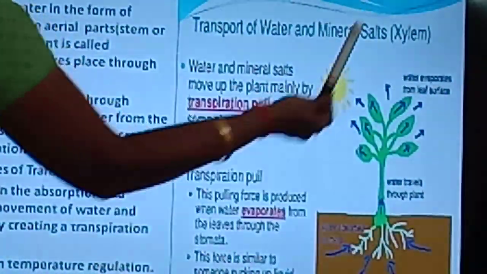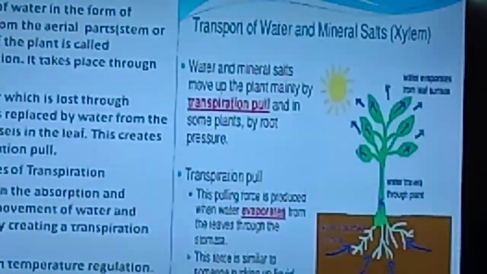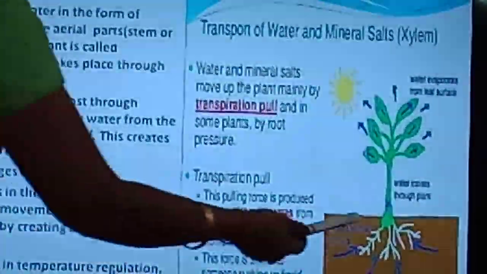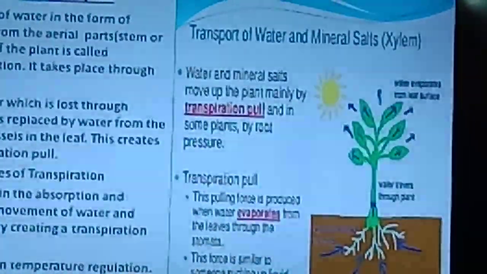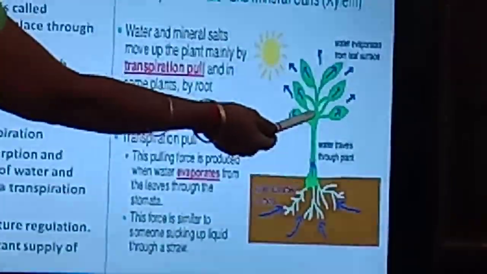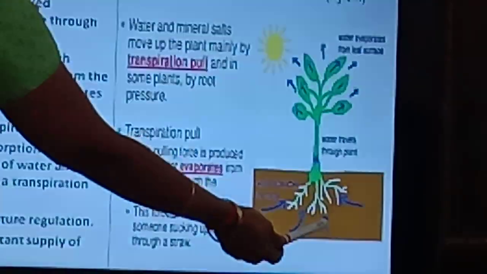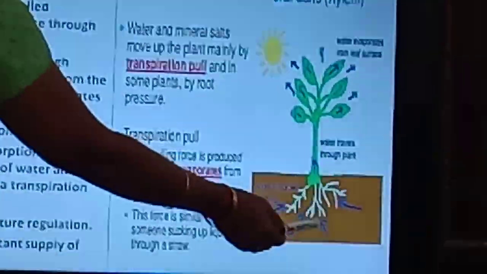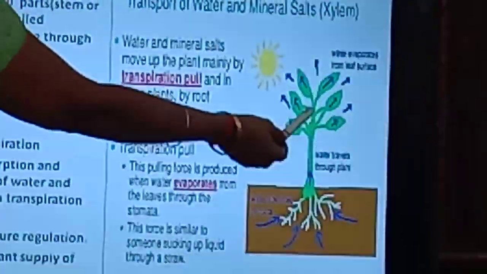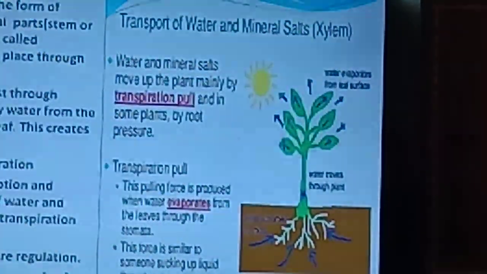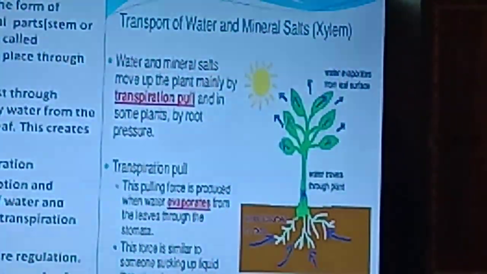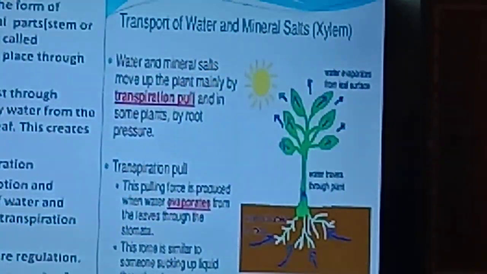This force is similar to someone sucking up liquid through a straw. So this is what we call transpiration pull. With the help of this transpiration pull, the water and minerals from the soil move to the aerial parts, that is leaves. Okay children, this is about transpiration pull.